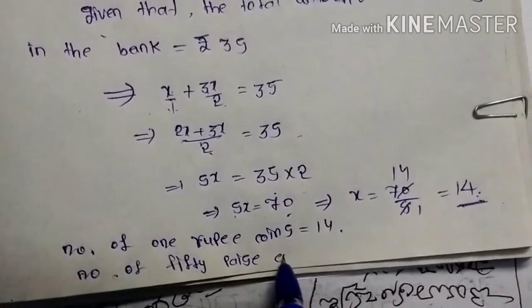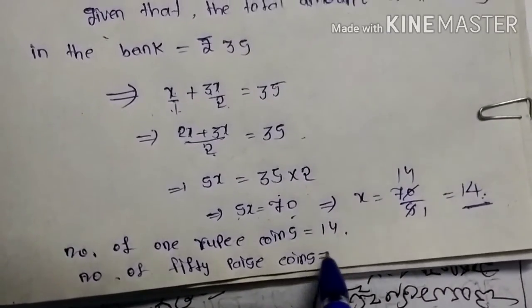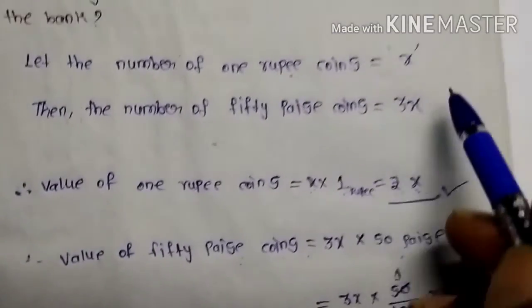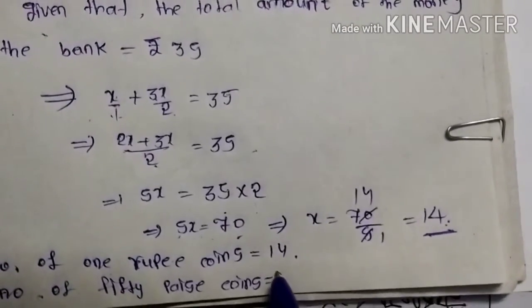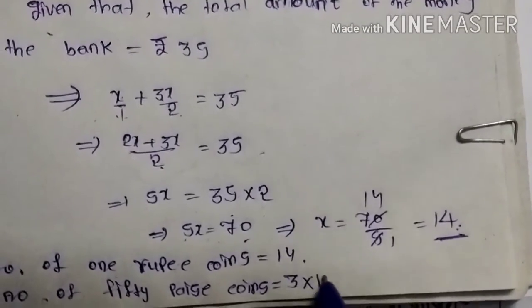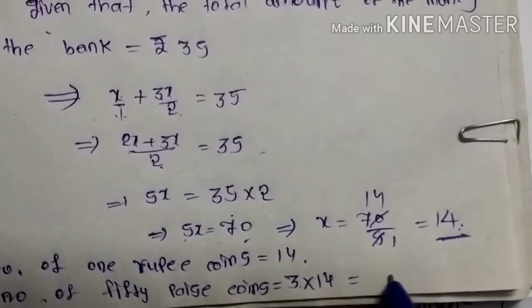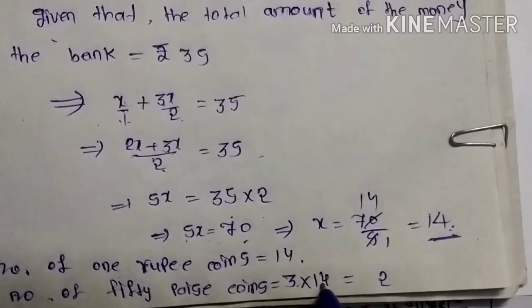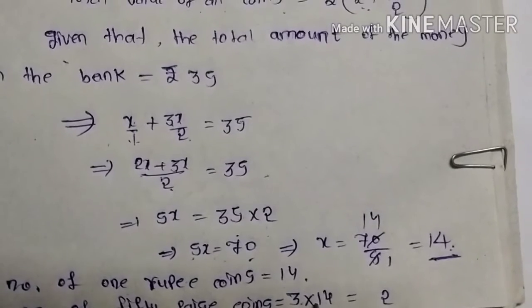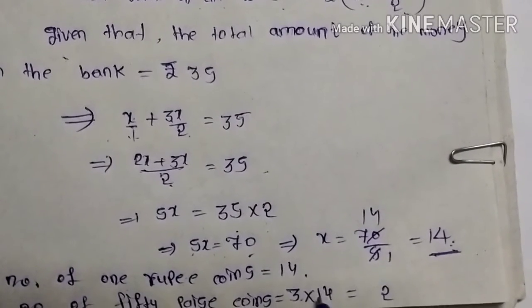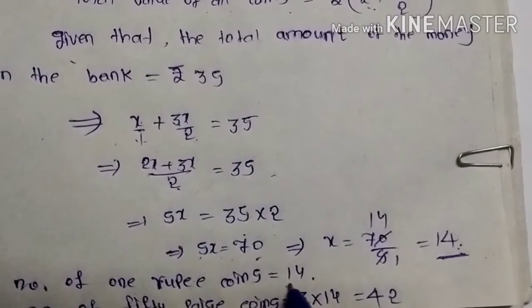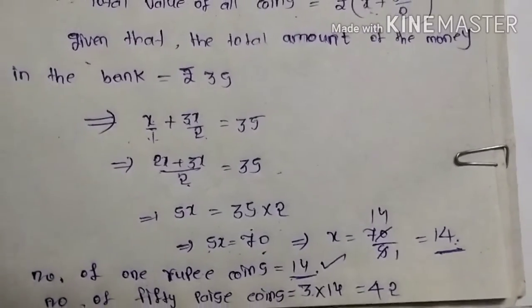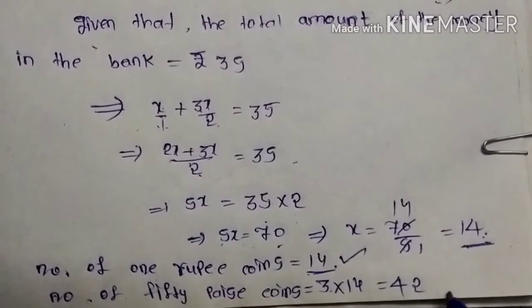See, already you know that the number of 1 rupee coins is x, and the number of 50 paisa coins is equal to how much? 3x. That means you can write 3x as 3 into 14, which is 42. So the number of 1 rupee coins is 14 and the number of 50 paisa coins will be 42.